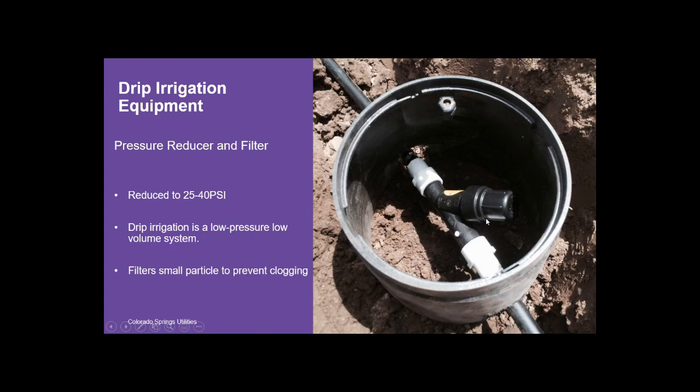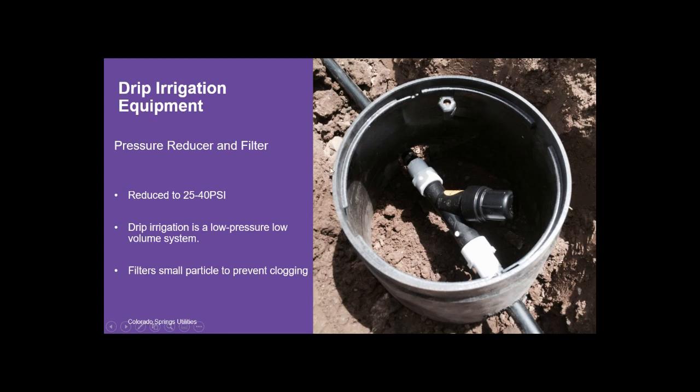This device here is a filter and pressure reducer built into the same product. In the past, we've had a filter, and then on the other side, a pressure reducer. But now they're starting to manufacture these components built into the same product.